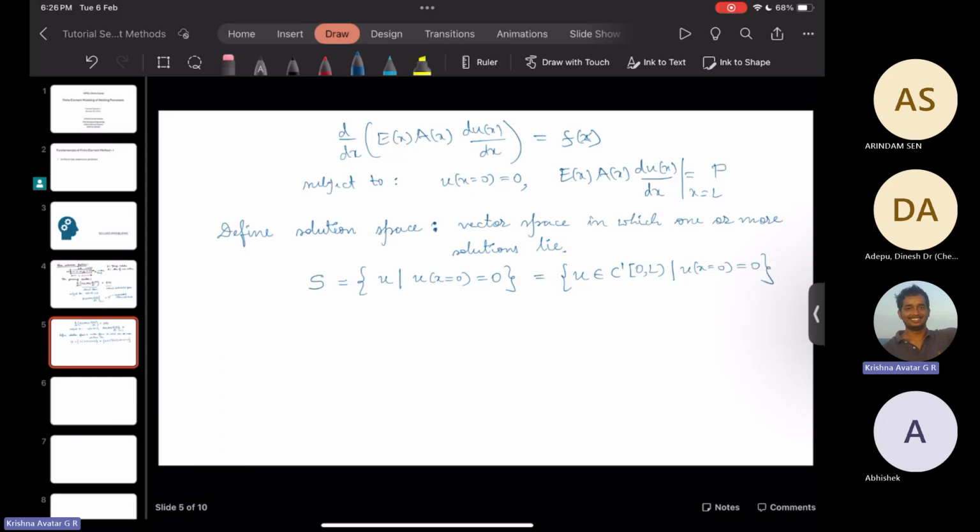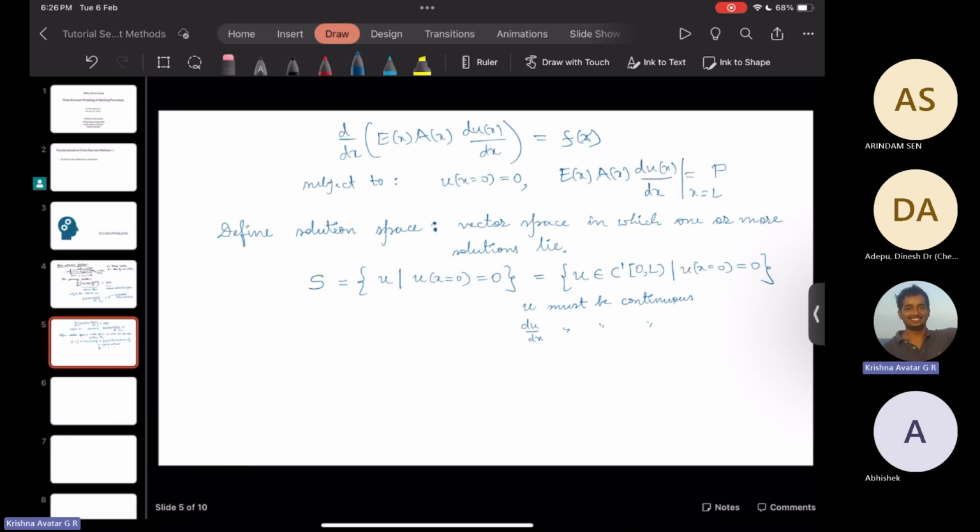Which means that if you have U as a function, any U, U must be continuous, and du/dx must also be continuous. So this is the first requirement on the members which form the solution space.